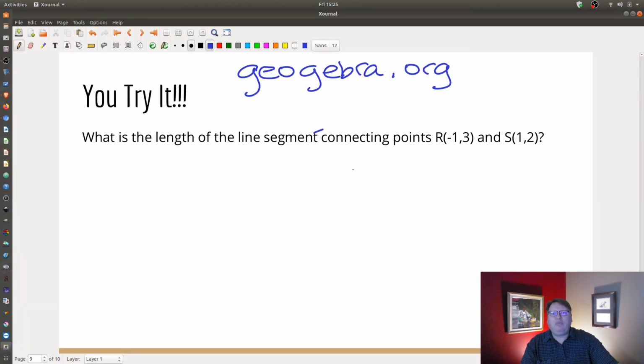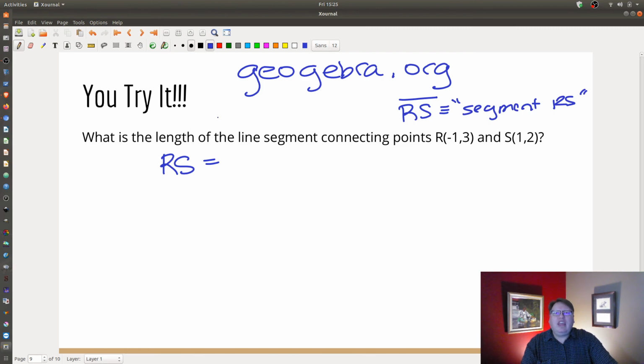So I hope you guys got that on your problem. So you should have RS, the measure of RS. If I have RS, let me write this up top. RS with a line over it reads segment RS.